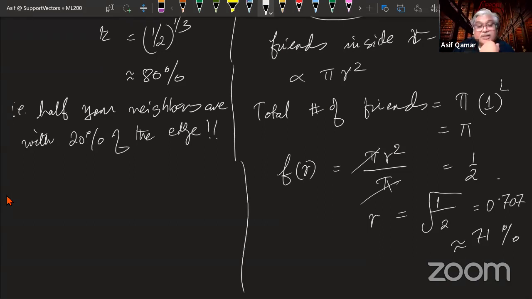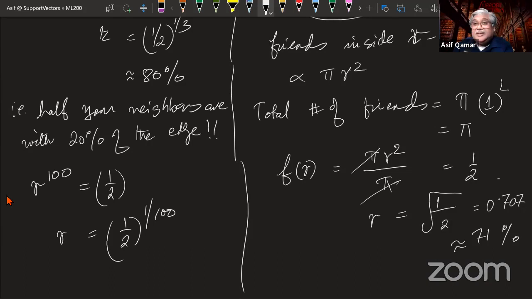Now, what happens if you take 100 dimensions? If R to the 100 is a half, then R is equal to half to the 1/100. Let us try and see what that comes to. Actually, forget 100. Let's just go to 10 dimensions. Let's see what happens in 10 dimensions.